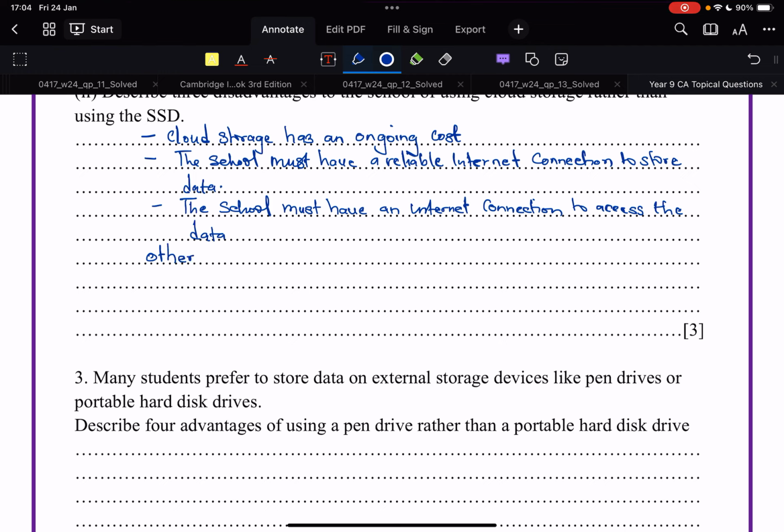Okay, for others, I have the school loses control over the storage of the data.